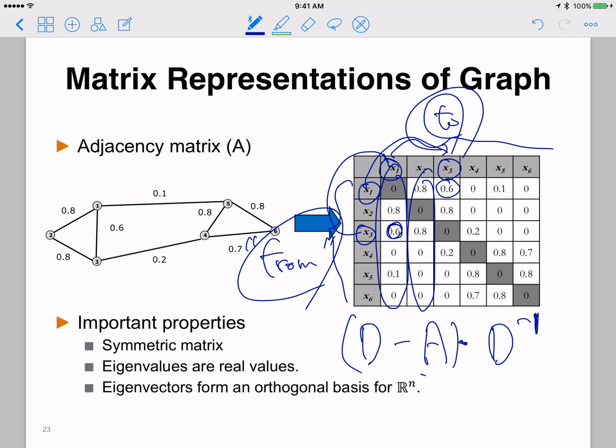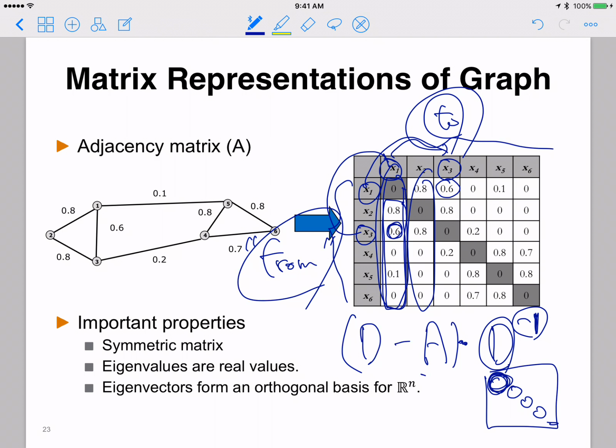We add the column elements, and that will be the first element in D. D inverse is just the element-wise inverse of these diagonal elements, and this total sum divides each element in the first column.